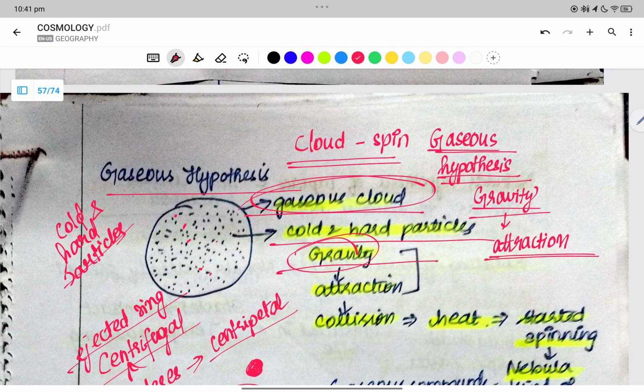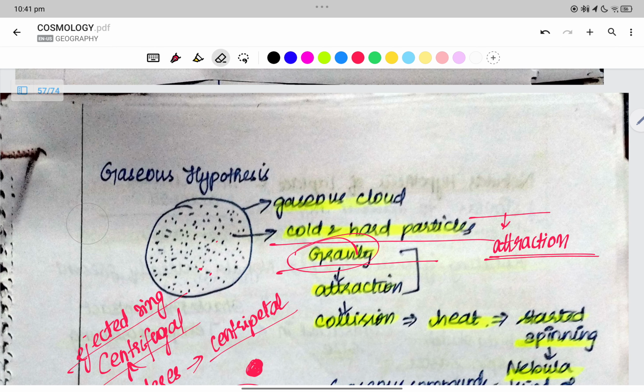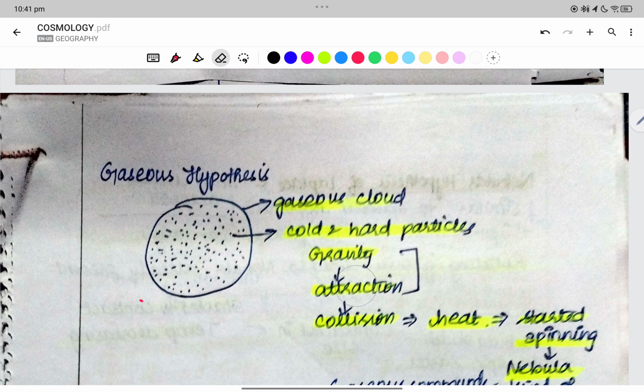The gaseous hypothesis is very simple. Initially there is a gaseous cloud. It is cold and hard, which is why it is not spinning initially.